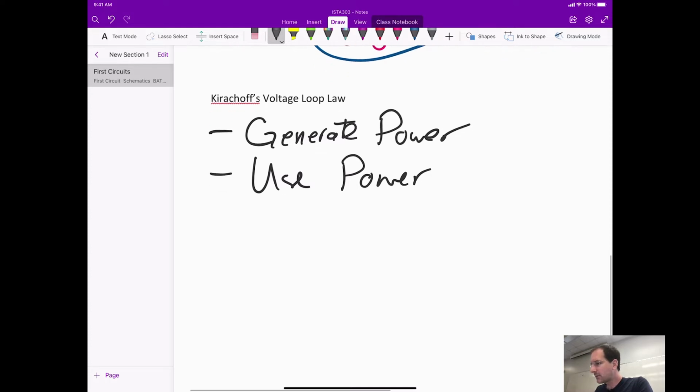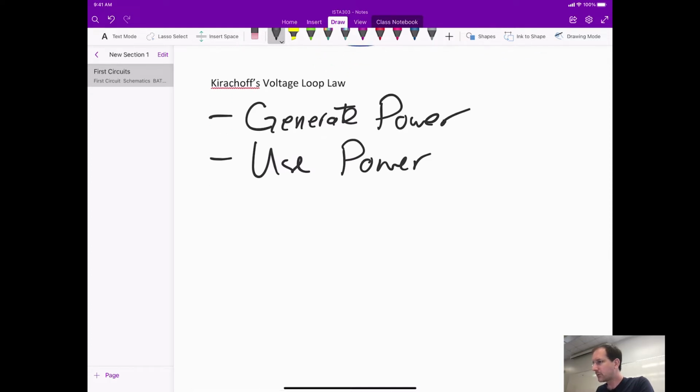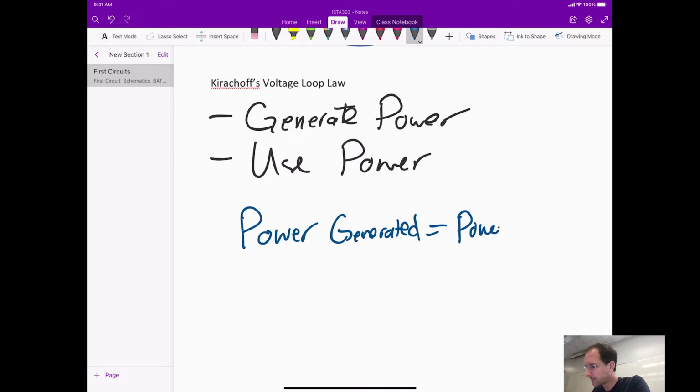And what he found is this really simple but sort of really foundational concept of circuits, and that it's basically that the amount of power that we generate, power generated, has to be equal to the amount of power used in a circuit.